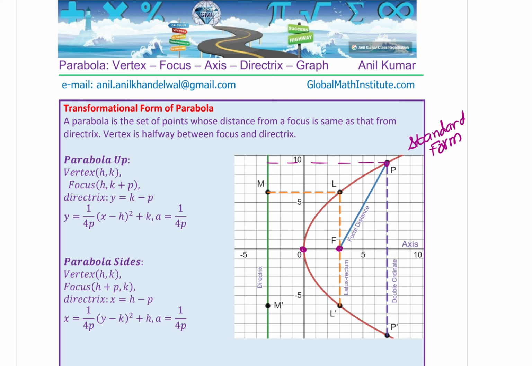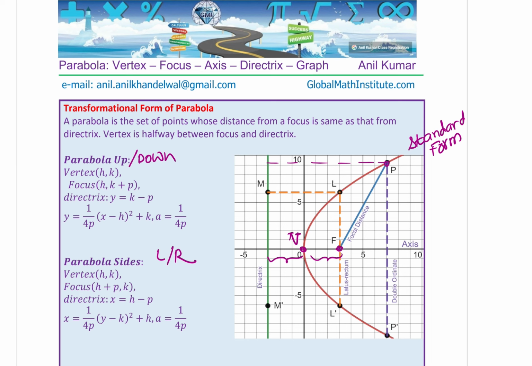So this is very important to understand. The vertex is always halfway between them. So parabolas could open up or down, right? Or could open sideways, that means left or right.